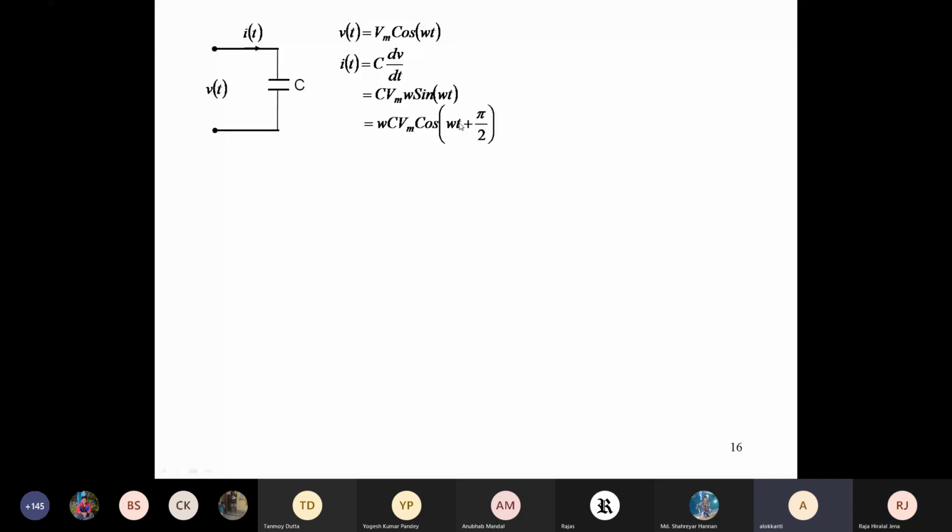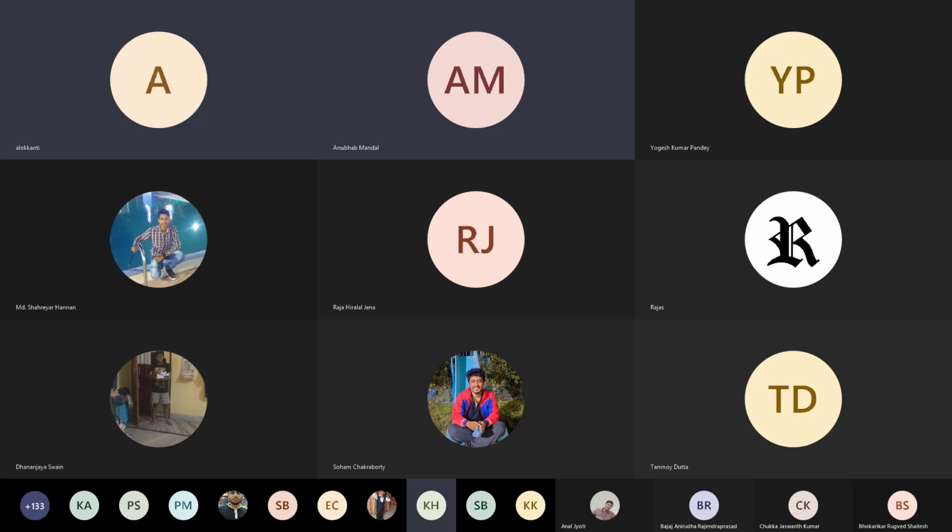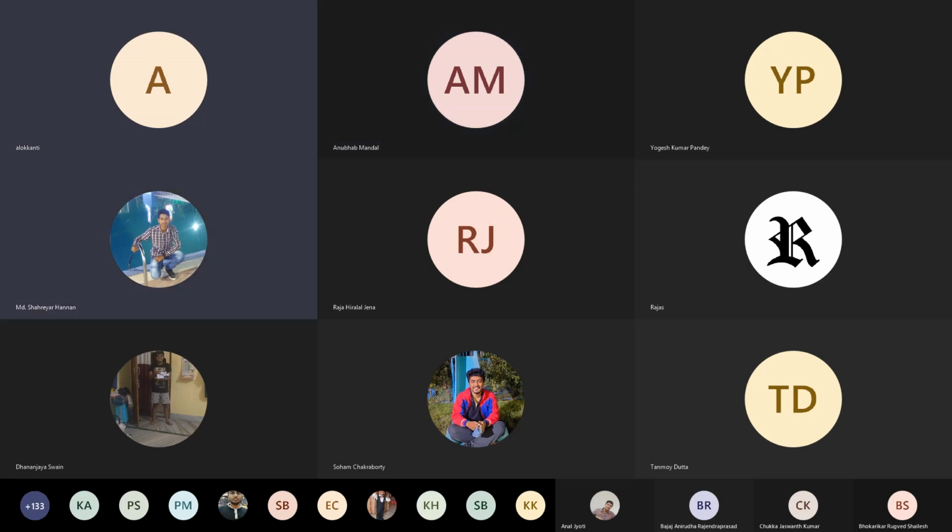Oh, I think it is okay. This will be minus, because minus sin is cos omega t plus pi by 2. I'm just thinking of trigonometry: omega t plus pi by 2 is in the second quadrant, where cos is negative. So the minus sign will be cos omega t plus pi by 2.